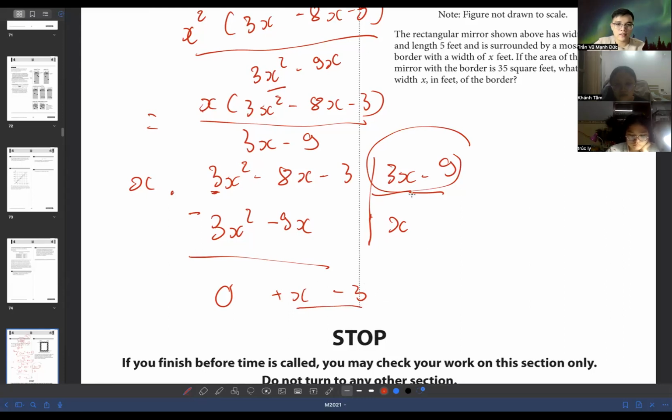So x divided by 3x equals 1/3. You just multiply again: 1/3 times 3x equals x, and 1/3 times minus 9 equals minus 3. So there's no remainders. The answer is x plus 1/3.